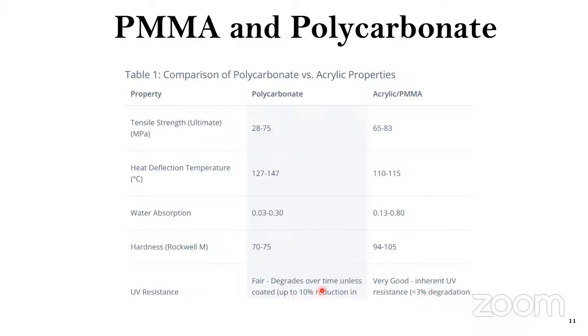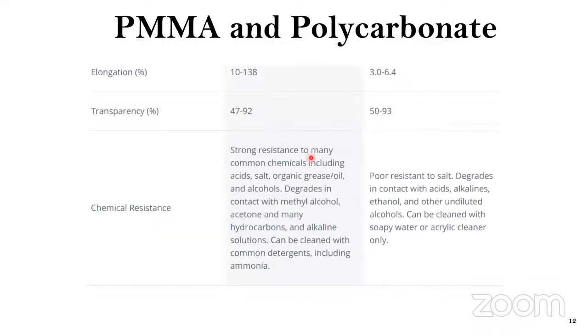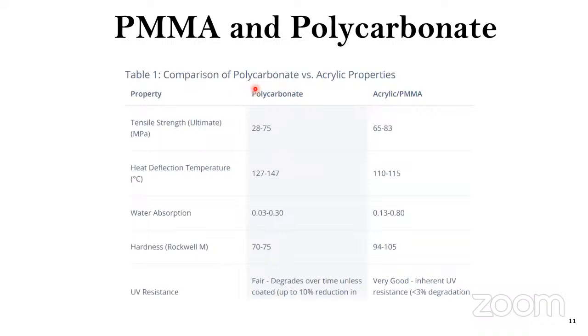As compared to polycarbonate, PMMA has a very good UV resistance. In the previous slide it is mentioned that it is acrylic also, because polymethylmethacrylate comes under acrylic polymer.